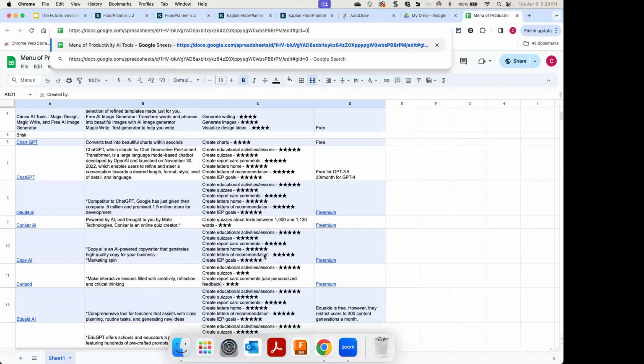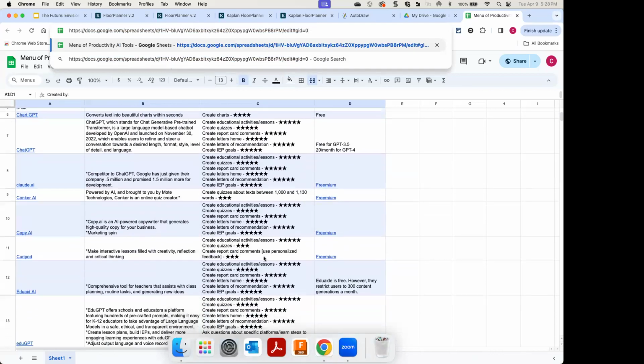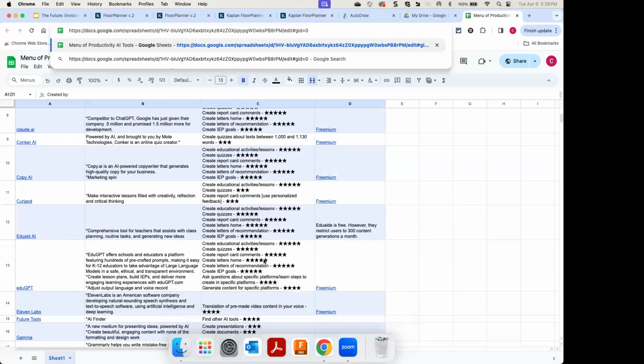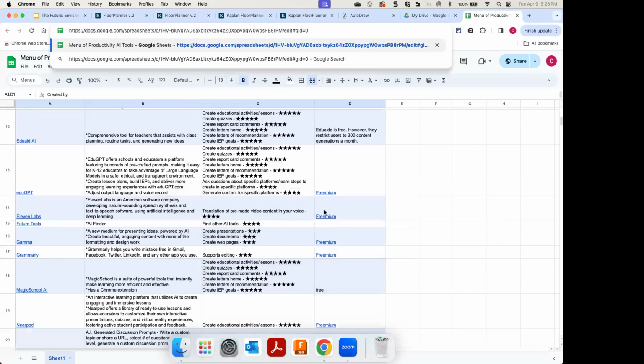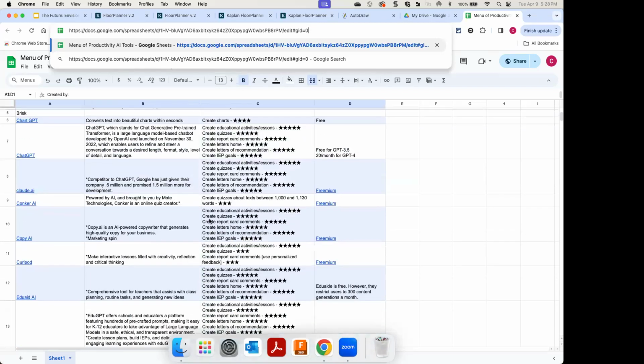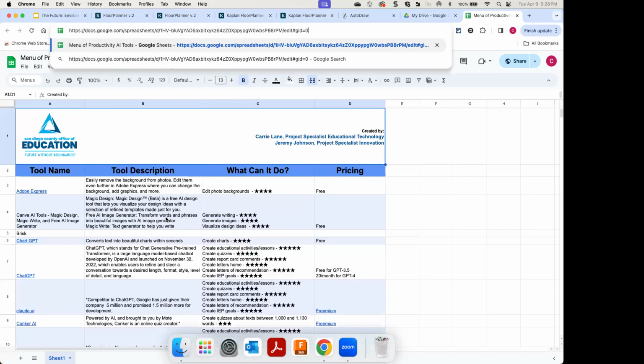We did this in December, I believe, so there have been definite changes since we've done it, but it gives you the link to the tool, how we thought they did on some common teacher things, their pricing, and then a blurb about what they do. So it might be useful to you, just an extra AI add-on for those of you who managed to make it through the design process.